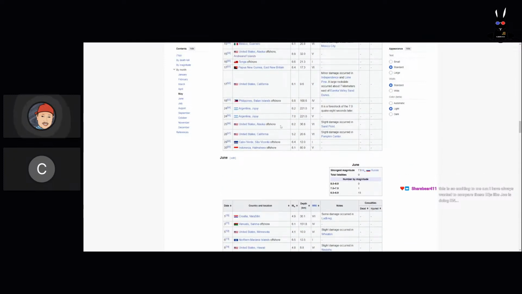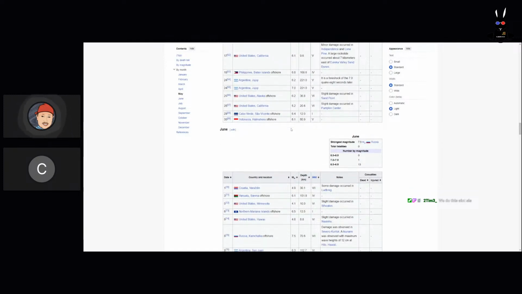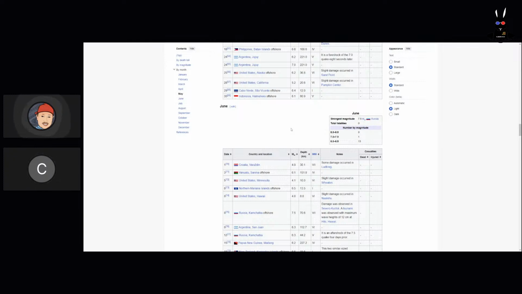There was a 6.2, 6.0. Alaska offshore again. Then the Pumpkin Center one, which is in Bakersfield. So we have Lone Pine and Bakersfield popping with a 6.1 and a 5.2. And Northridge is just south of that.